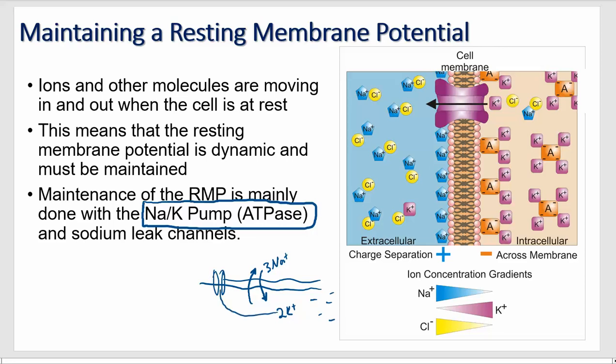Now, we also mentioned that potassium kind of wants to leave. Until it's -90, that potassium will want to leave, and it's possible. There are leak channels that allow it to leave, which ultimately gives you this dynamic sort of homeostasis, that's what that word is for.